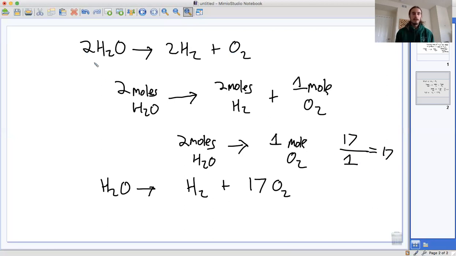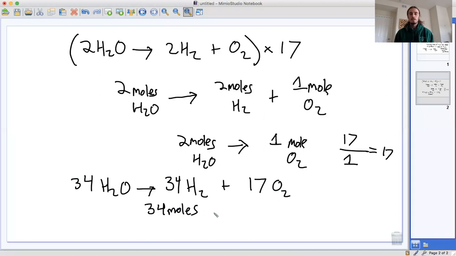And then, like a recipe, I'm going to scale the recipe up by multiplying the entire recipe by 17. That means that 17 oxygens are going to be made alongside 34 H2s from 34 waters. So the answer would be 34 moles of water are needed to make 17 moles of O2.